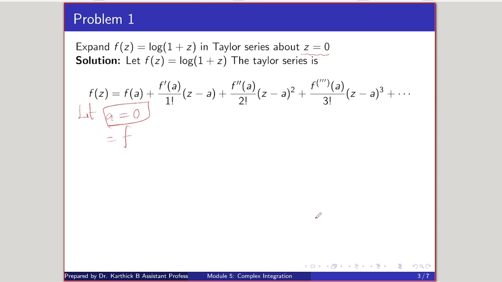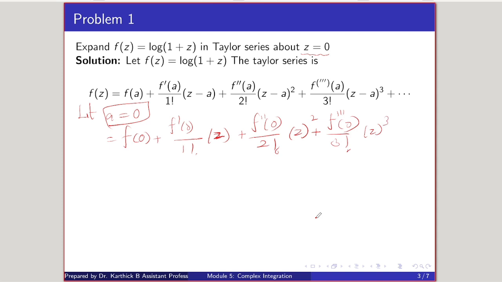So that means f of a will be f of 0, then f dash of 0 by 1 factorial into z minus 0, which means simply z, plus f double dash of 0 by 2 factorial z square, plus f triple dash of 0 by 3 factorial z cube, as shown.